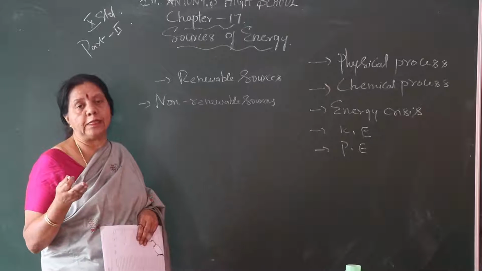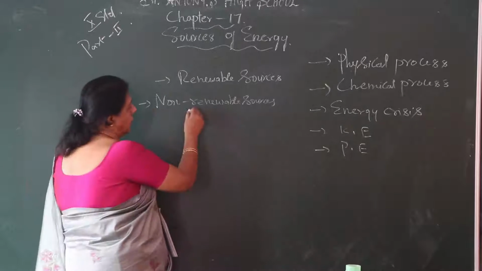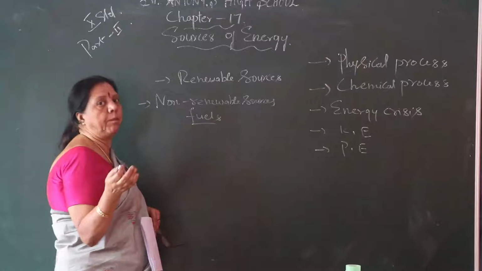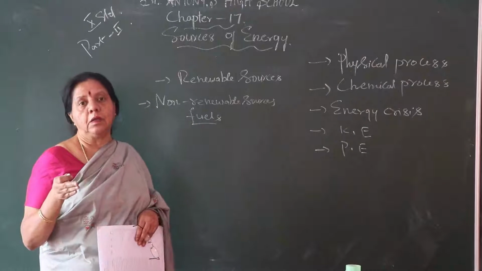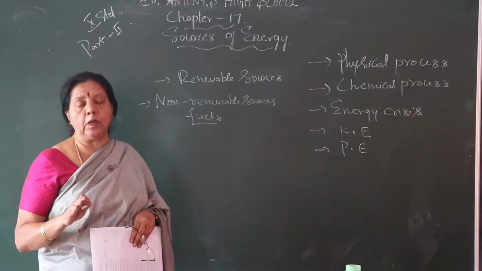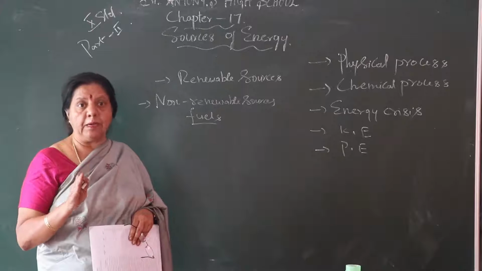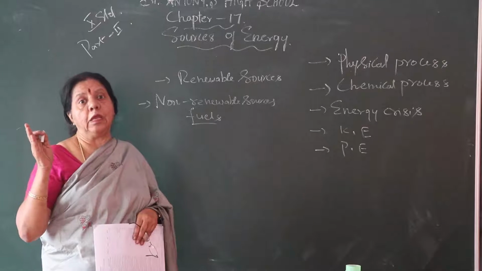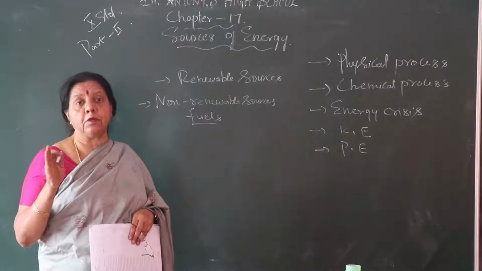But non-renewable means it will be limited. Suppose you take fuels for example. What is that, children? Fuels. Take for example petrol, diesel, coal, etc. They are available in nature only, but they are limited. One day they may end. Solar energy never ends.